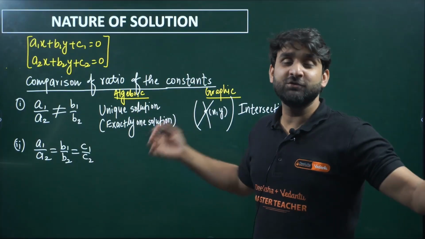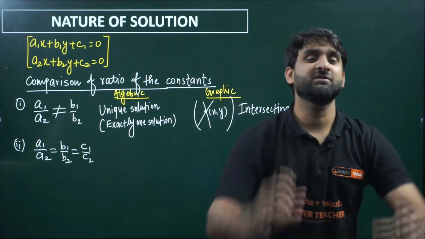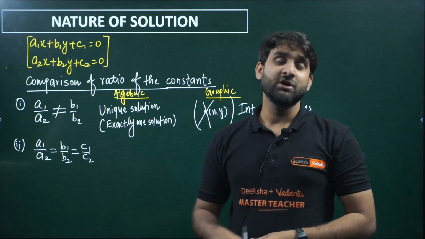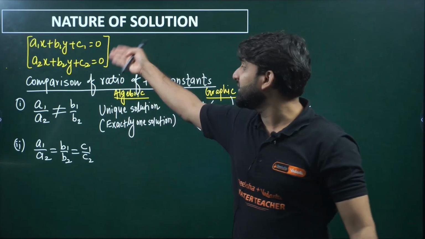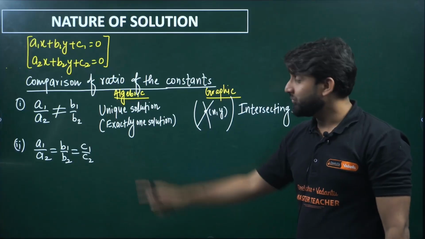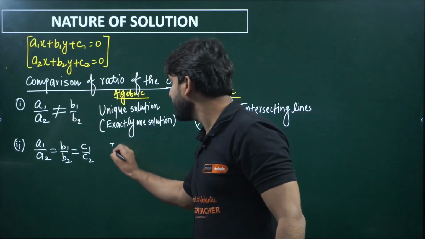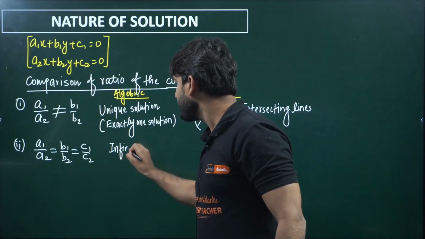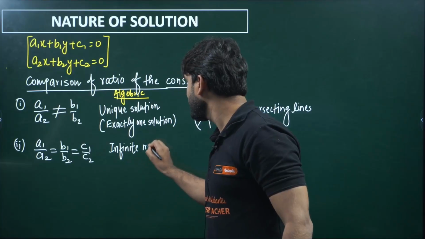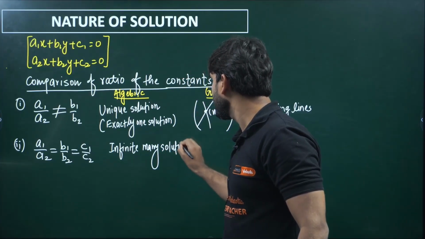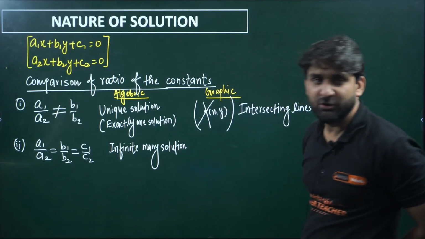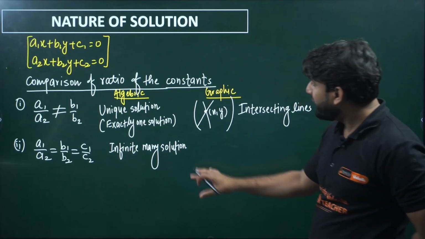You take anything x, you take anything y, the values of x and y will satisfy both of the equations. So this is called infinite. How many solutions, champions? Infinitely many solutions.